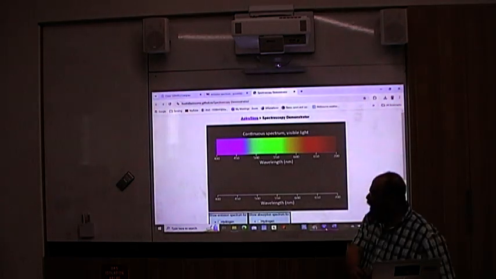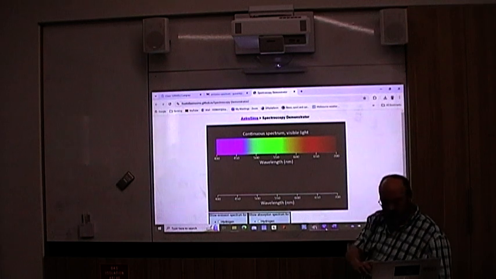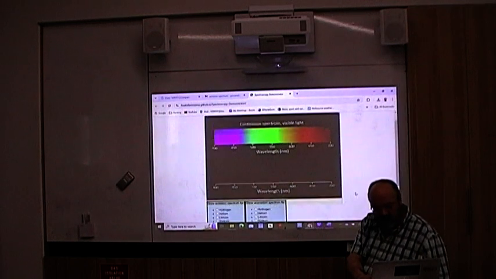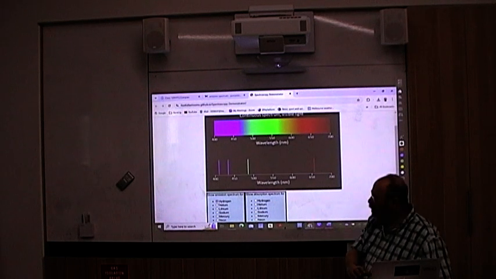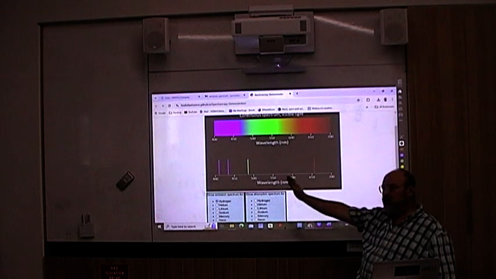Okay, so this is a continuous spectrum. But for example, if you look at the spectrum of hydrogen, the emission spectrum, it emits only certain wavelengths.